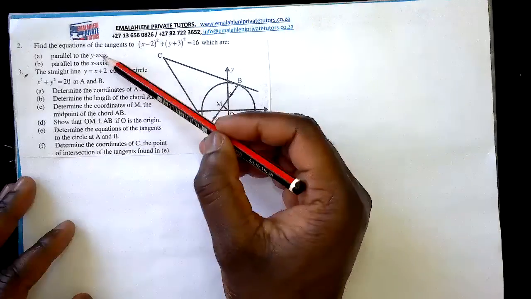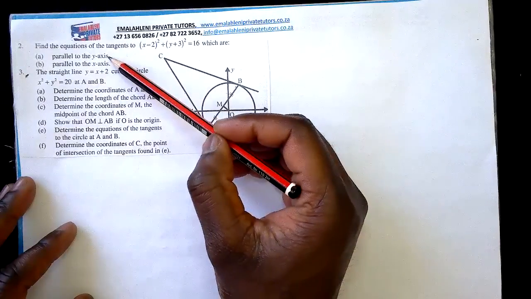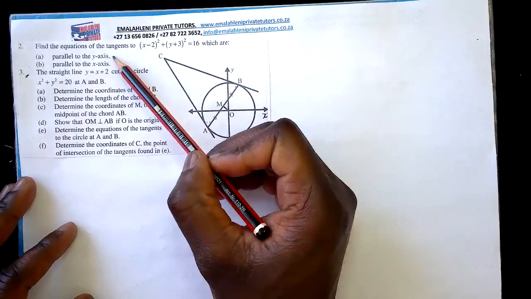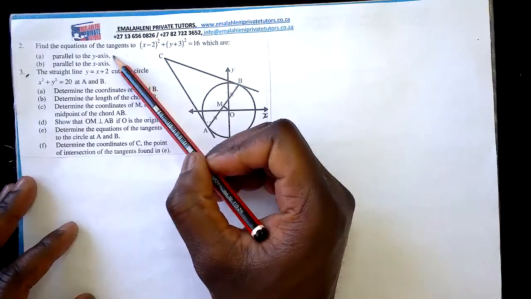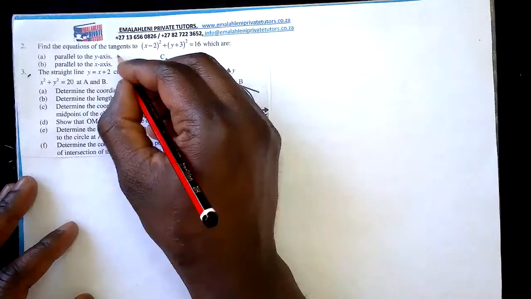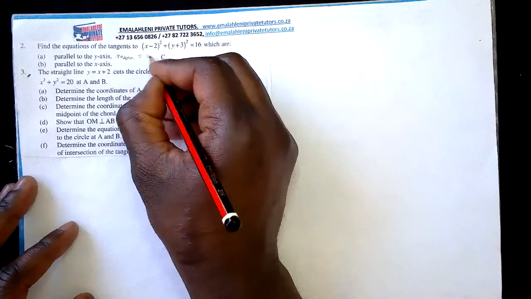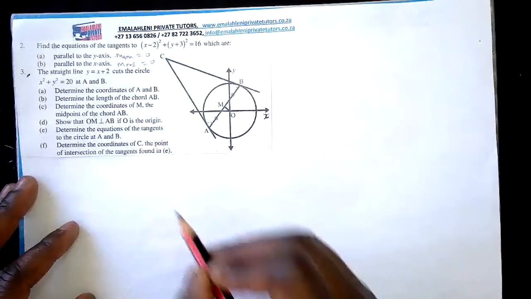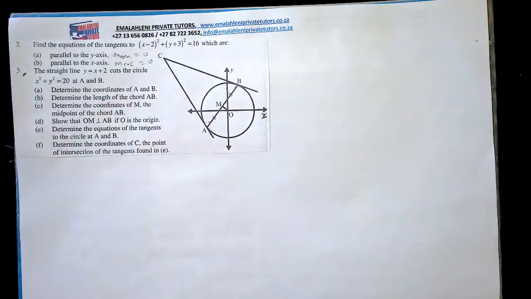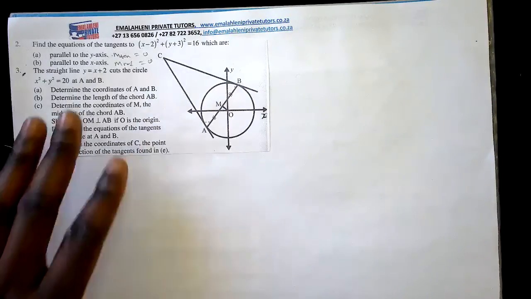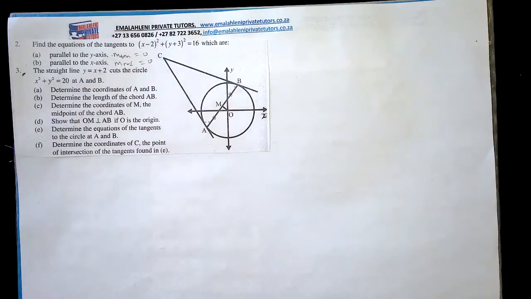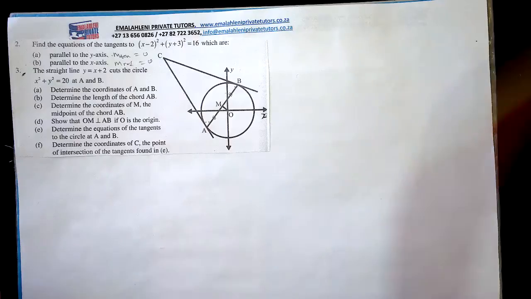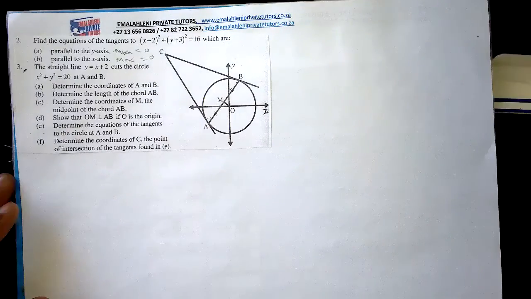When a tangent is parallel to the x-axis or y-axis, the gradient of the tangent should be equal to 0. So m tan is equal to 0, and m rad is also equal to 0. That's what you need to know: the tangents that are parallel to the x-axis and y-axis have gradients equal to 0.